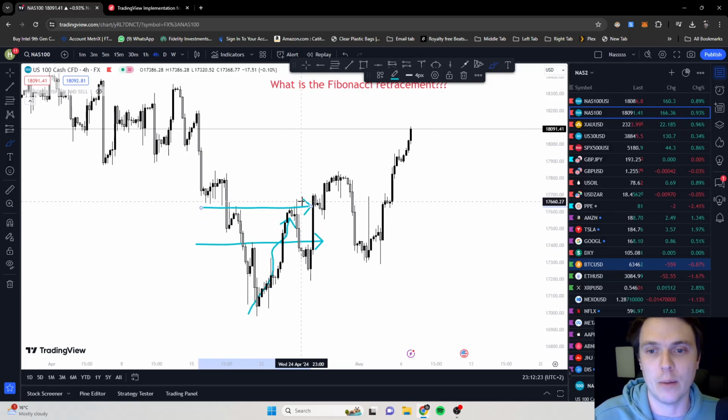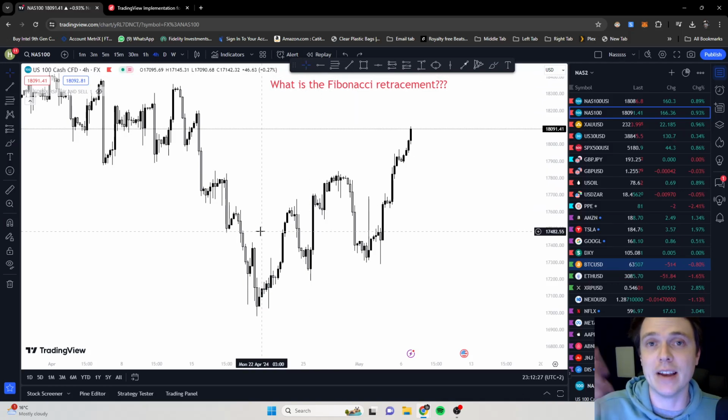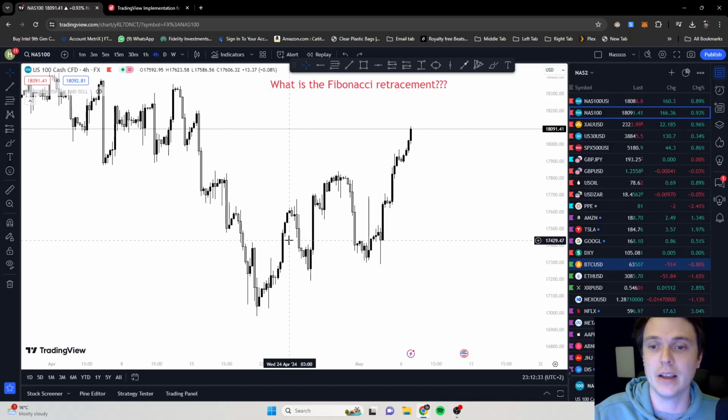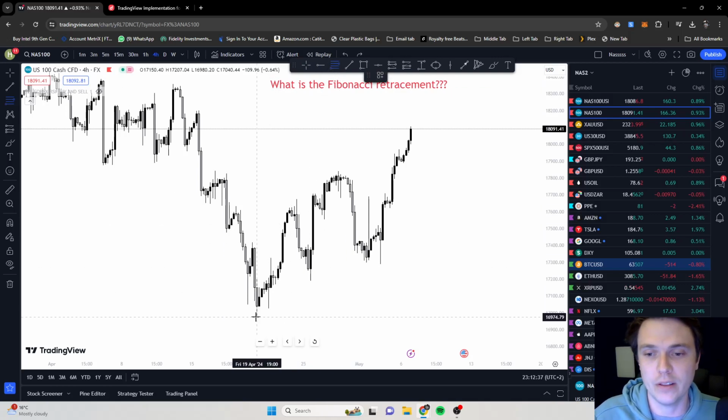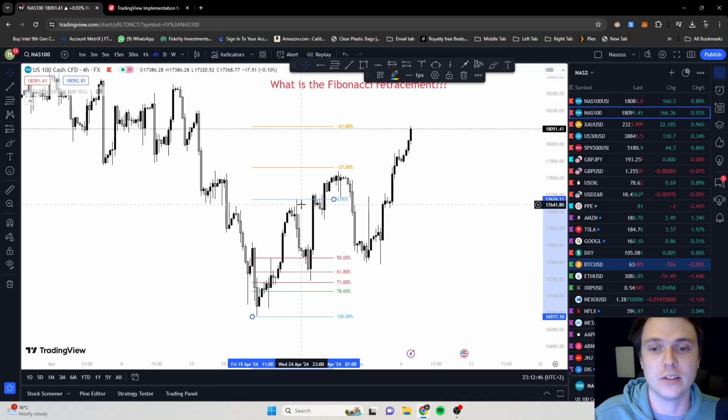So now we know highs are broken, and we're going to draw our Fibonacci from the lowest point of that bullish move, which is over here, to the highest point of that bullish move before it started retracing back down.